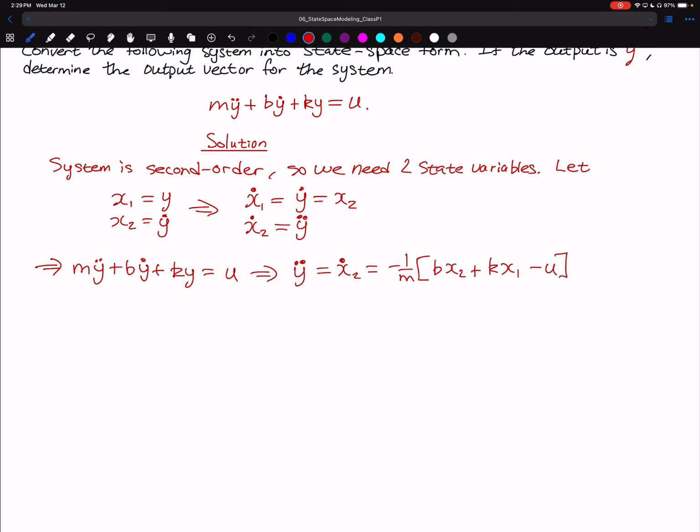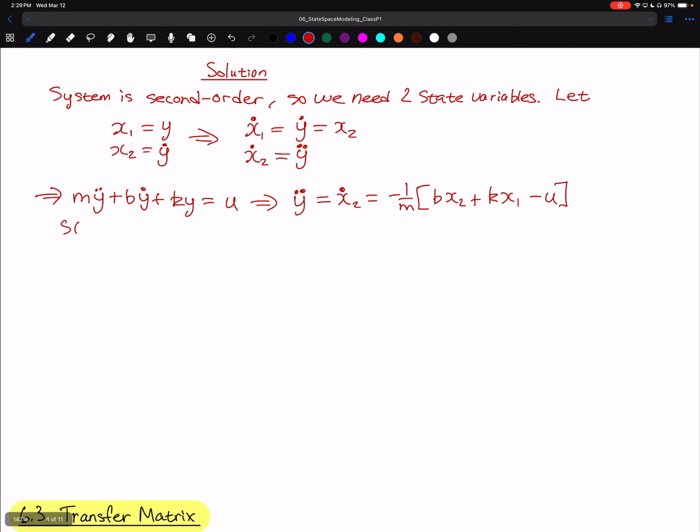We place this then into state space form. In our state space form, we're going to get x1 dot is equal to x2, x2 dot is equal to minus 1 over m times the quantity b times x2 plus k x1 minus u.